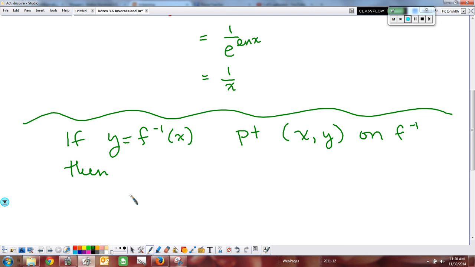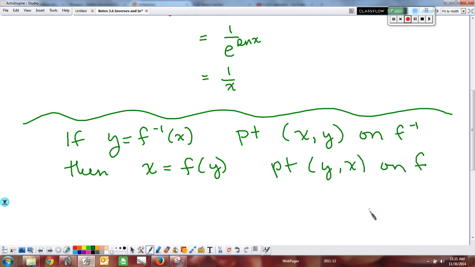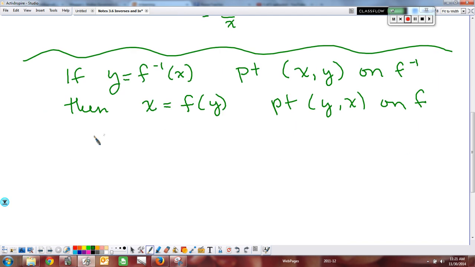Then, based on our definition of inverses, we could also write this as x equals f of y, the corresponding point, which tells us that the point y, x is on the original function f. So that's just some given information that we're going to use.